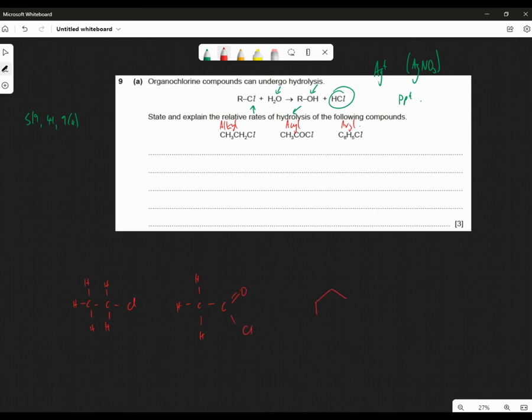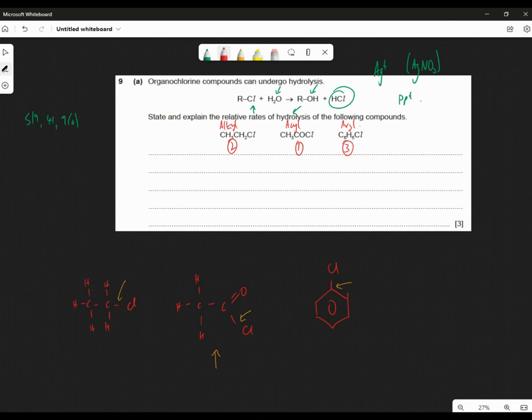And let's do my aryl chloride. Basically the strength of this bond determines which one's going to be the first to go. Now this is going to be the most easily hydrolyzed. So this is number one, the fastest, the quickest. This is number two, and this is number three.